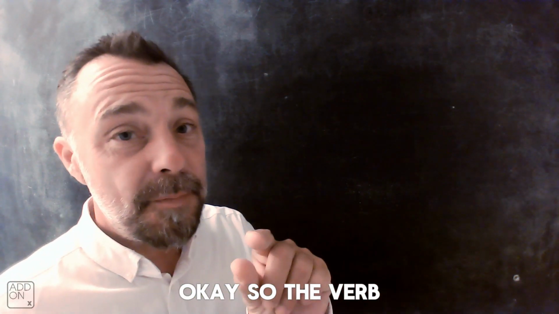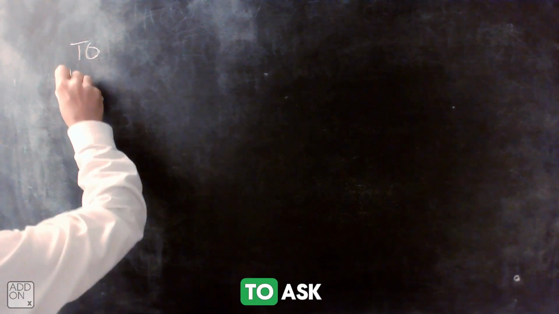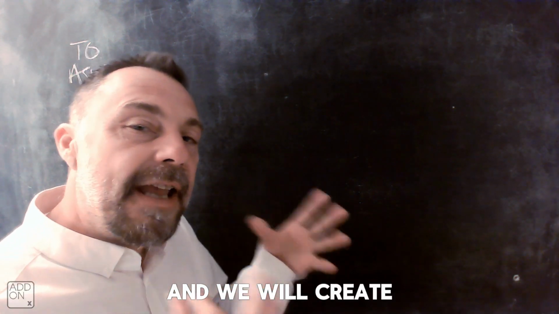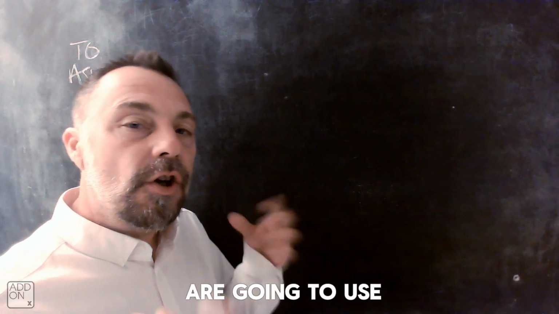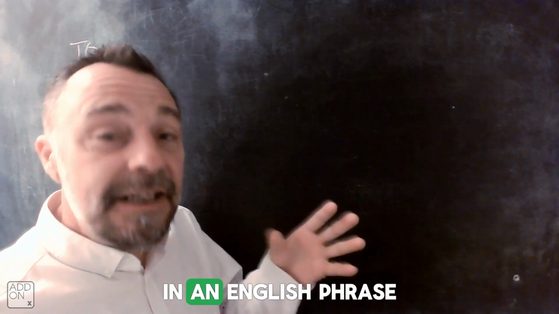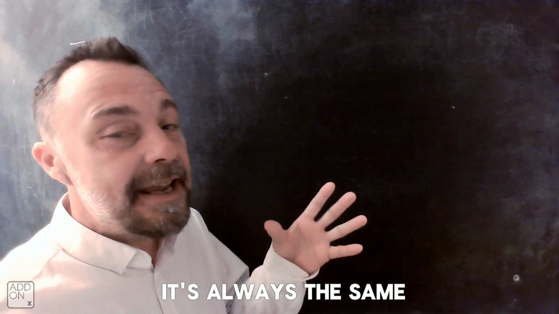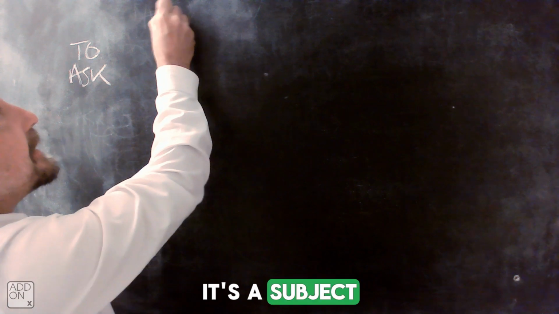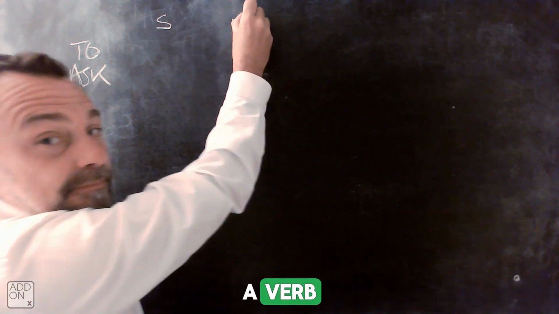Okay, so the verb today is to ask. And we will create the structure that we are going to use in an English phrase. It's always the same. It's a subject, a verb.